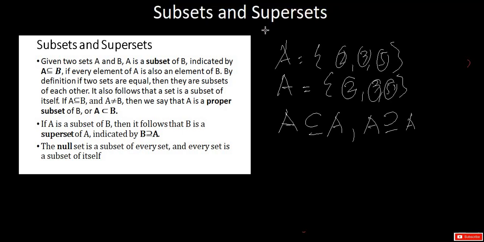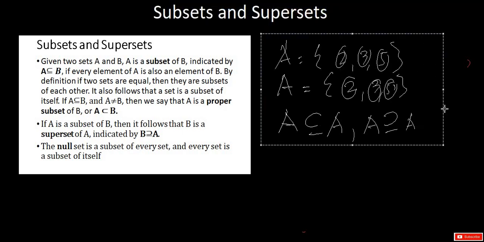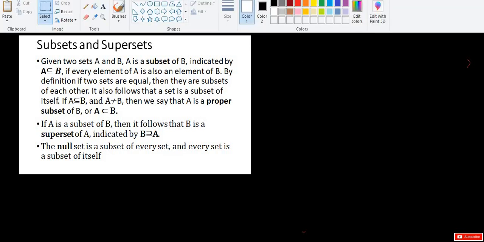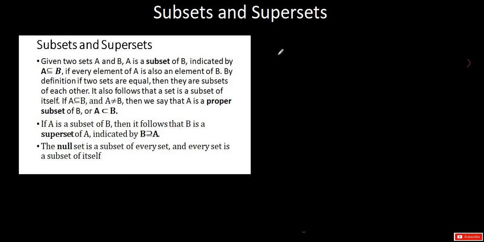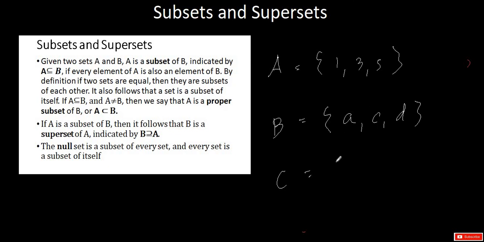Okay, so what about a null set? Suppose we have three sets here, A, B, and C. And suppose we collect elements of these sets, so say 1, 3, and 5 are elements of set A, set B contains the elements A, C, and D, and set C contains the elements 1, A, B, 3, and 4.